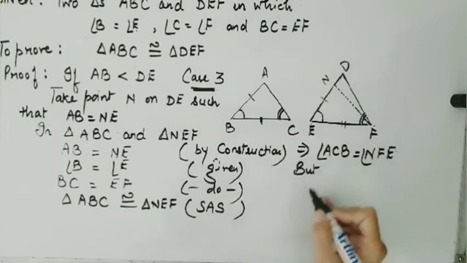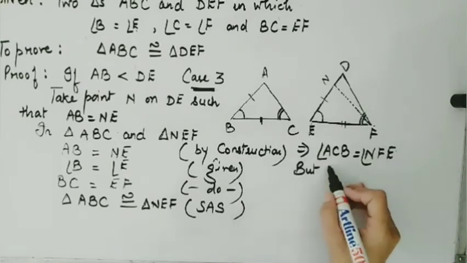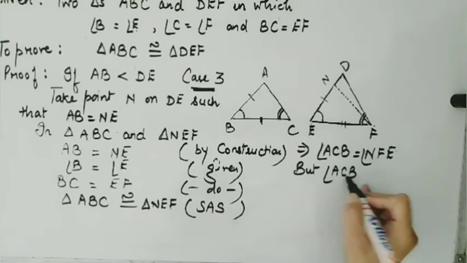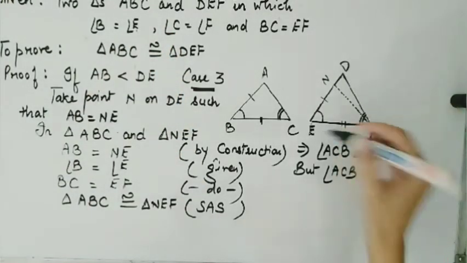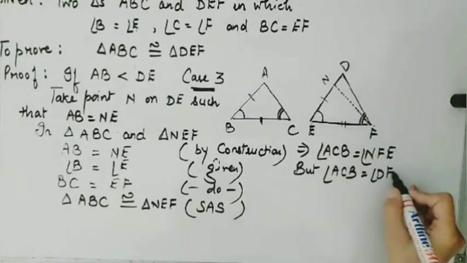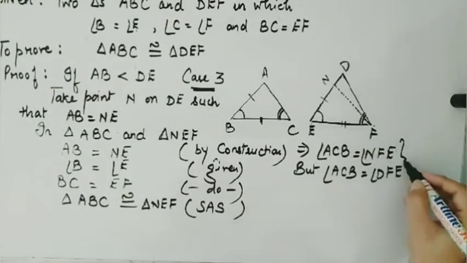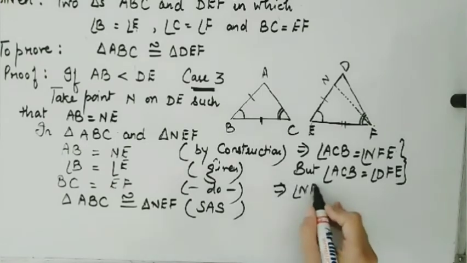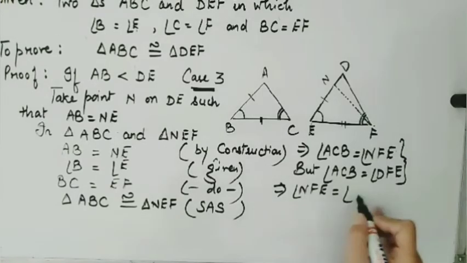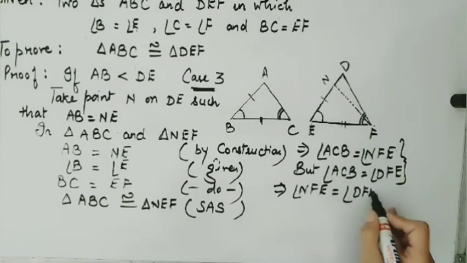But what do we know? We are given that ACB or simply angle C is equal to DFE. From here, what do we conclude? This implies that NFE must be equal to DFE. Now watch the figure carefully.